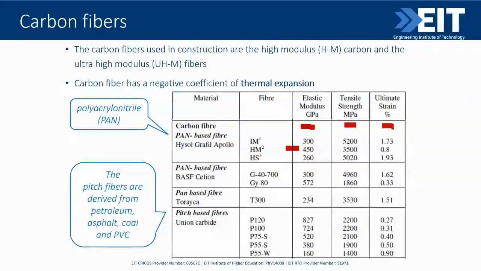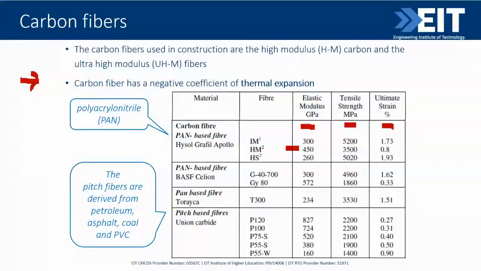The carbon fibers are used for cases when we need material with higher modulus and higher strength. And another interesting one, it's not here in the table, but I highlighted here, the carbon fiber actually has negative CTE, negative thermal expansion.